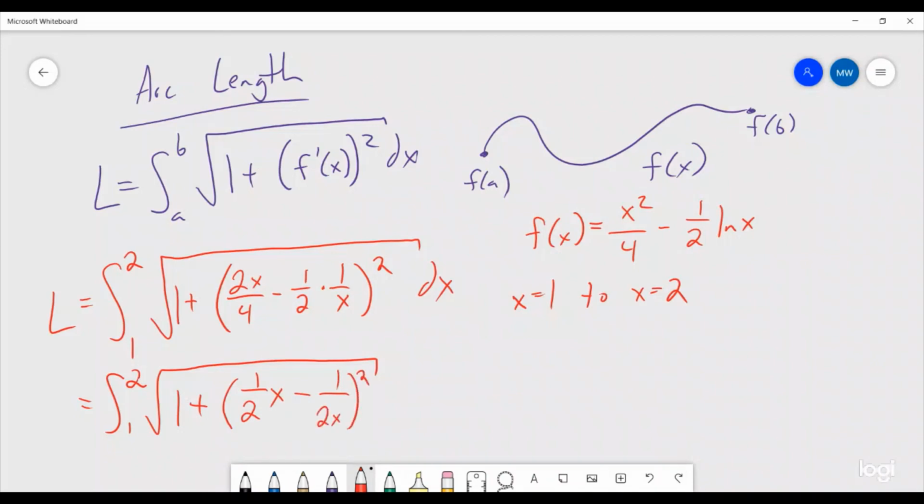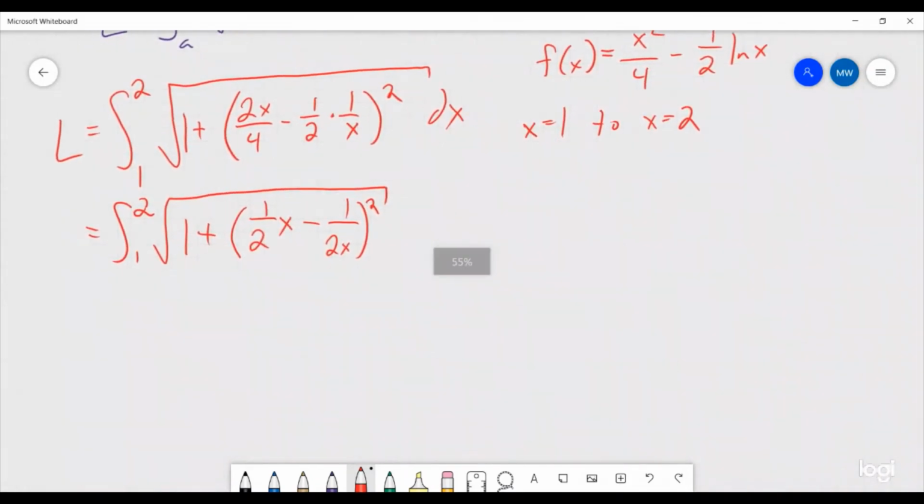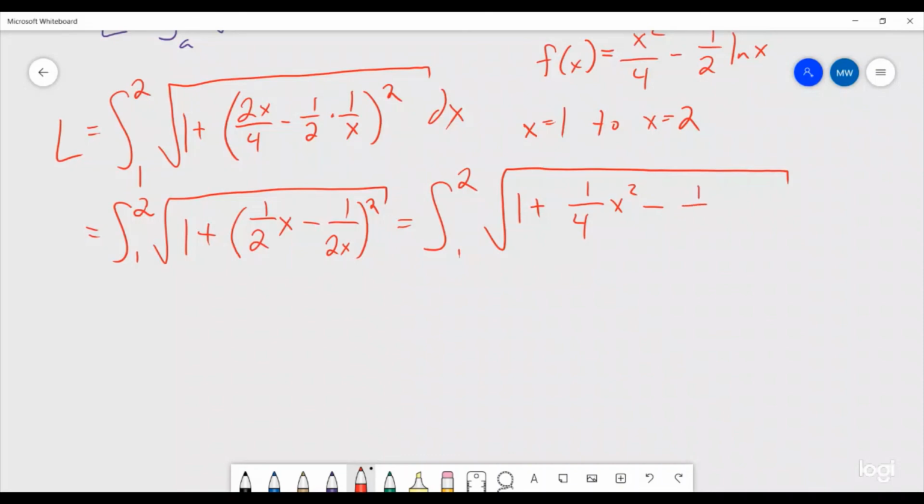And now we can go through and calculate this integral. So this is equal to the integral from 1 to 2 of the square root of 1 plus, squaring gives us 1/4 x squared minus 1/4 plus 1 over 4x squared dx. Let's pull out a 1/4 from everything. The square root of a 4th is 1/2.